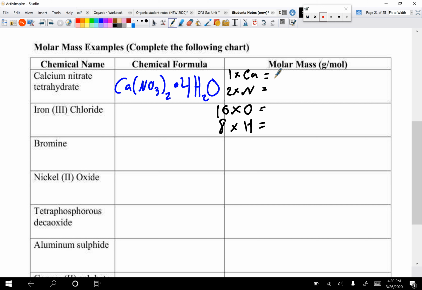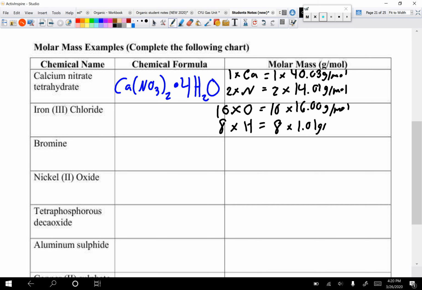So our 1 calcium, that's 1 times the molar mass of calcium, which is 40.03 grams per mole. Our nitrogen, we have 2 times 14.01 grams per mole. Our oxygen is 16.00 grams per mole, and our hydrogen is 1.01.